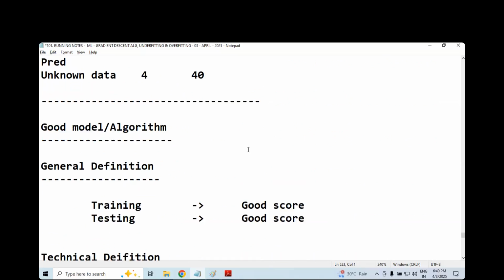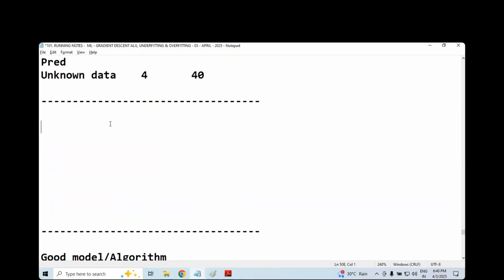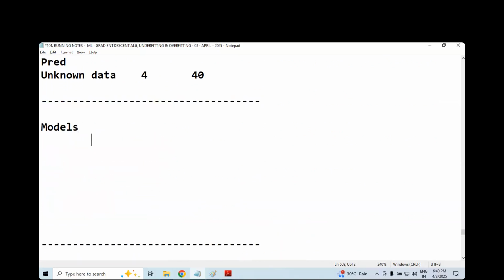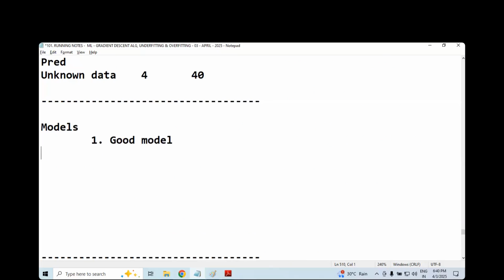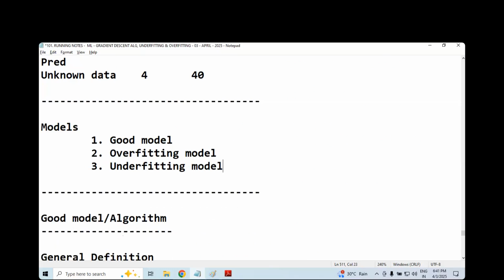Let us go through the definitions. Whenever you talk about models, it can be a good model, it can be an overfitting model, or it can be an underfitting model. Only these three types, there is no other one.